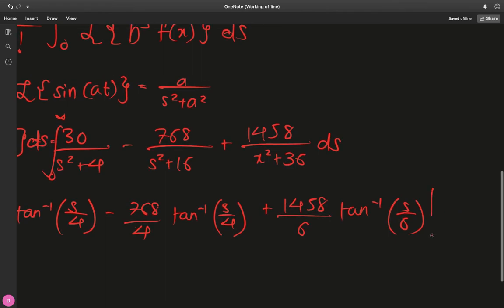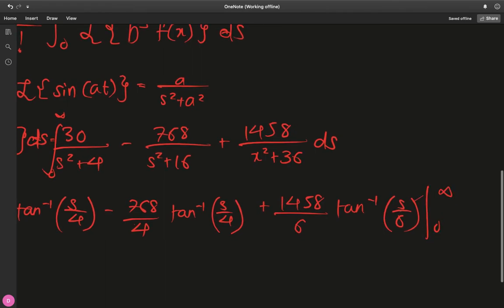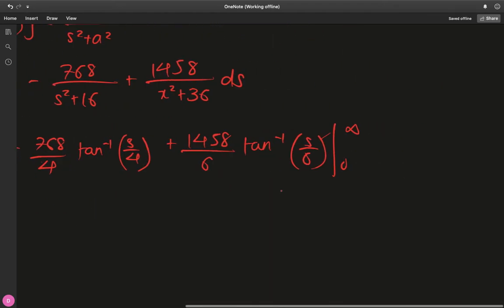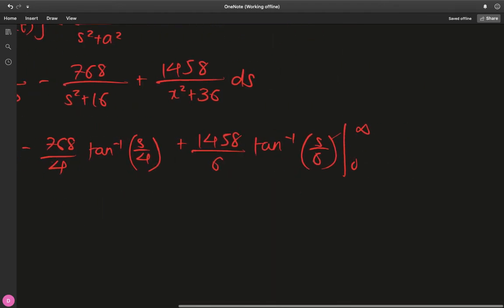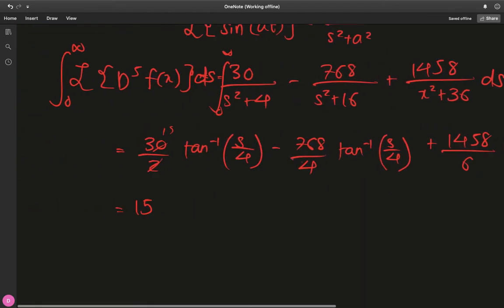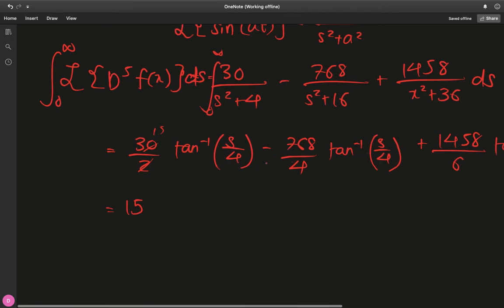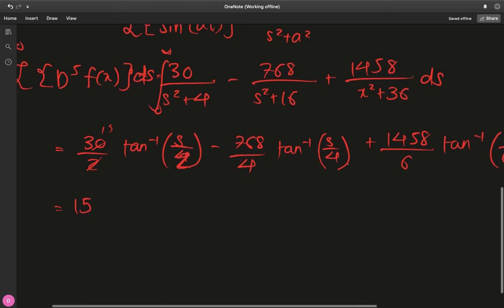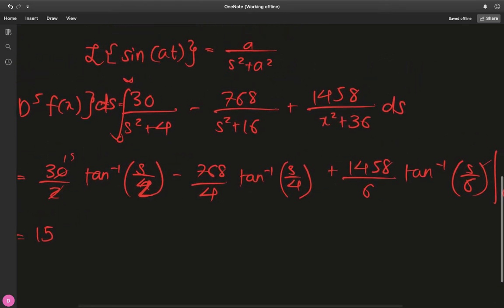But all of that is still evaluated from 0 to infinity, definite integral, remember. So this is just 15. At 0, all of them will be going to 0 because inverse tangent of 0 is 0 collectively for all the terms. 0 over 2 is 0, 0 over 4 is 0, 0 over 6 is 0.